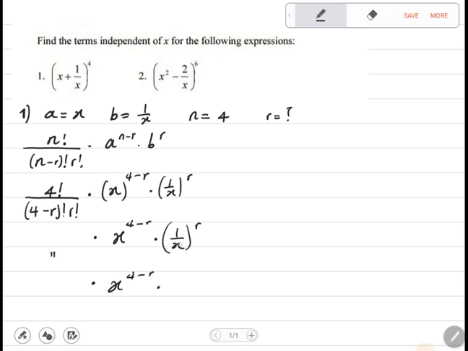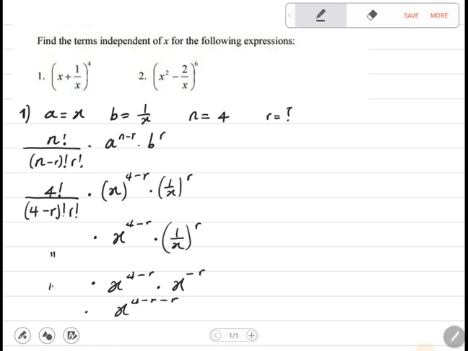We are multiplying it by 1 over x to the power r. When you reciprocate this one, you just get x to the power negative r, because 1 over x is just x to the power negative 1. Then the powers multiply each other. From the indices, these are the same bases, so we just add the powers. So we have x to the power 4 minus r minus r.